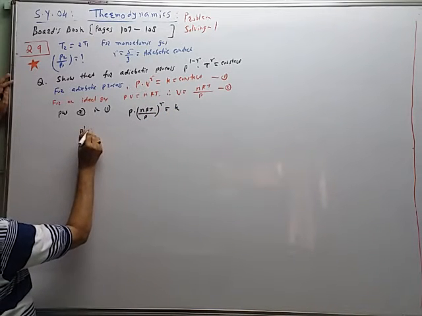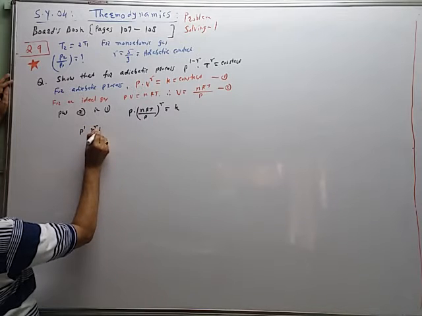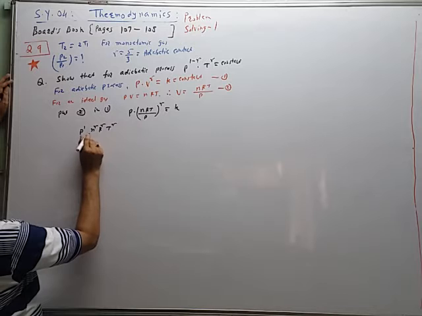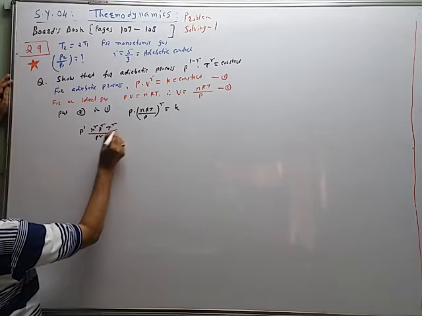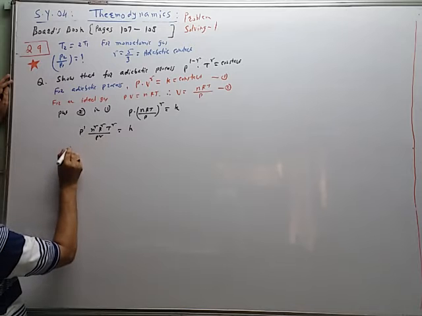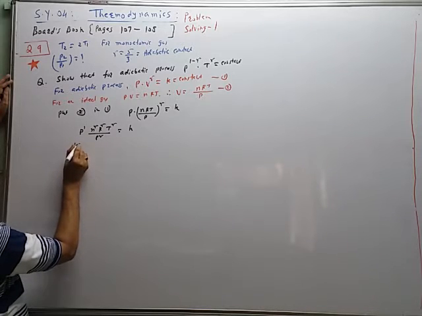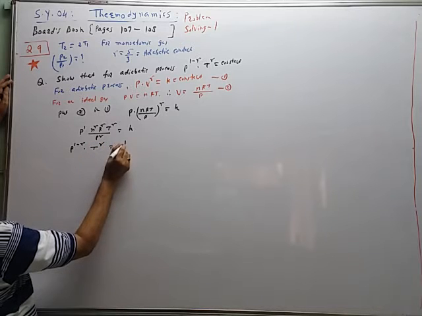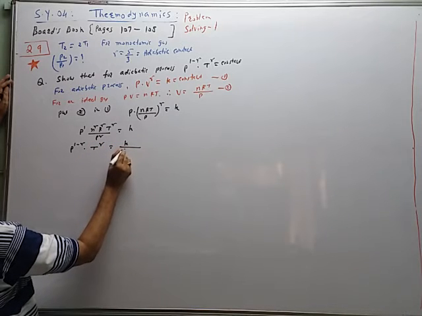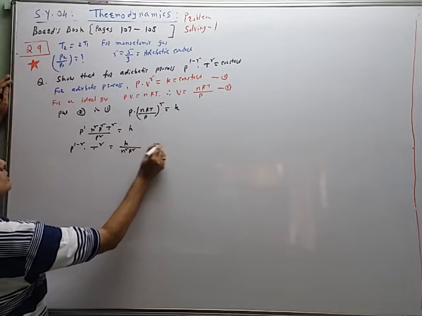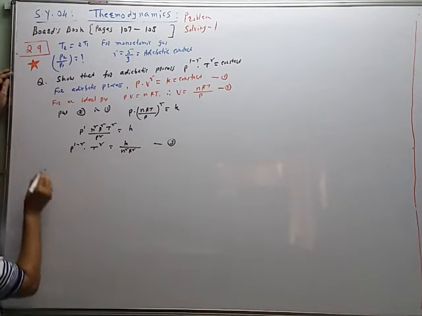Therefore P raised to 1, n raised to gamma, R raised to gamma, T raised to gamma upon P raised to gamma is equal to K. Therefore this is P raised to 1, this is P raised to gamma. So this is P raised to 1 minus gamma into T raised to gamma is equal to K upon n raised to gamma, R raised to gamma. This is equation 3.